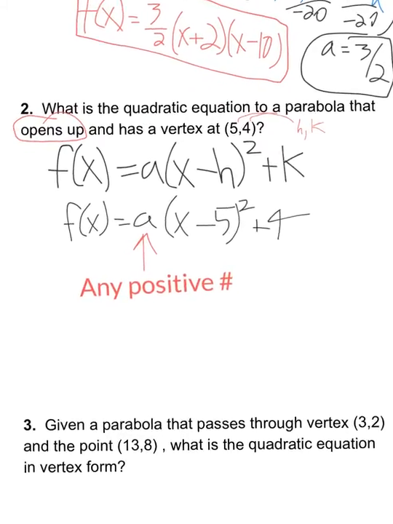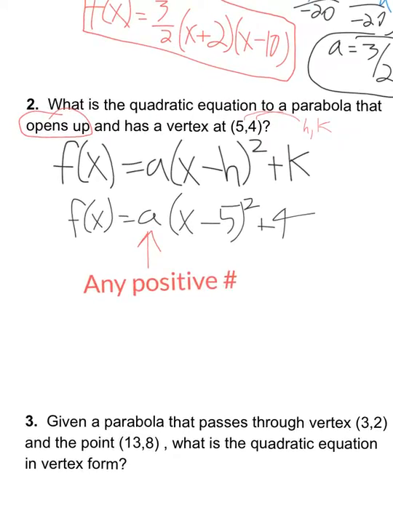As long as a is a positive number, it'll open up. Because remember, if a is negative, it'll open down. But it could be a fraction, it could be 1/2, or it could be a big number like, I don't know, 40,000. As long as a is positive, it'll open up and have a vertex. And then plugging in the negative 5 plus 4 will make it have a vertex of (5, 4). All right, so that's number 2.